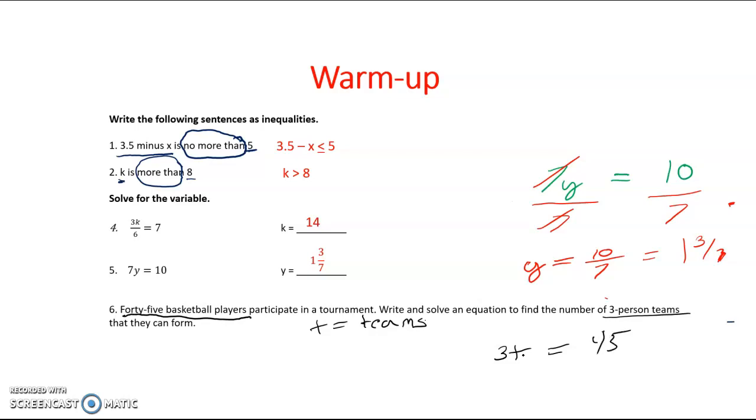And I want to know the value of T. So I'm going to use the inverse operation, divide both sides by 3, and I get T equals 15. So they can form 15 teams of 3 players.